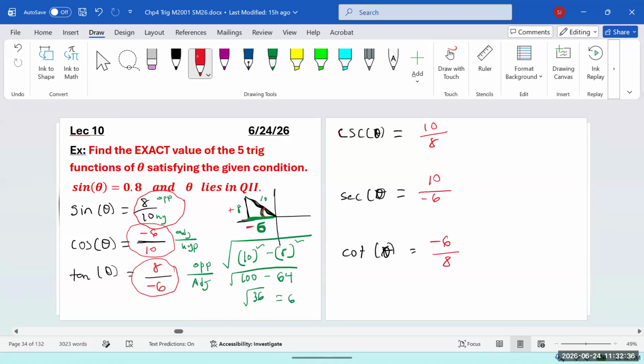You just flip tangent, it becomes cotangent. So yep, you're going to see this in your exam and also in the final exam. One of the 3 values will be given. You have to find the other 5 values for the other 5 trig functions.